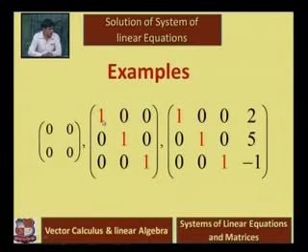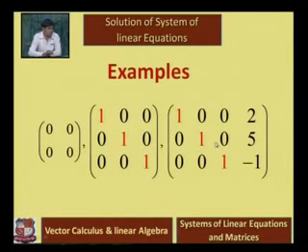See the second example: that is the position of the first leading one, and in that column all the entries except this leading one are 0, and that is the position of the second leading one, and all the other entries except this are 0, and see the third leading one position, and except this the values are 0. And that is the third example of reduced row equivalent form.